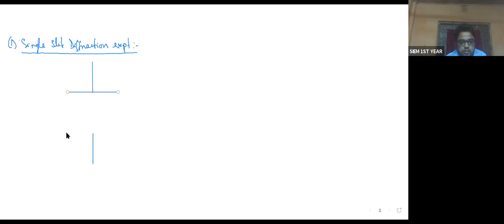Light rays are passing. Let us give it some arrows. So these are parallel light rays. This is the middle point.